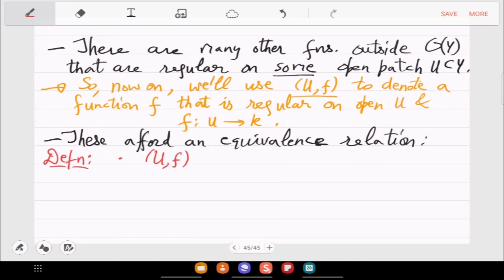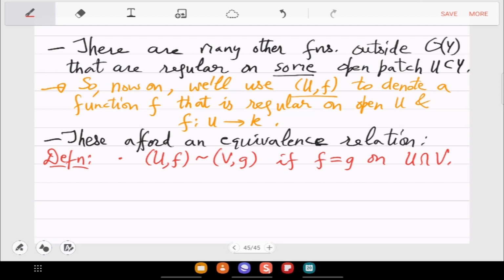(U, f) and (V, g) will be treated as the same, formally related by this equivalence relation, tilde, if they are equal on the intersection. Right, so U is a big open set, V is a big open set. They have some intersection which is also big. So if on this big common space f and g look the same, then we should call them the same.